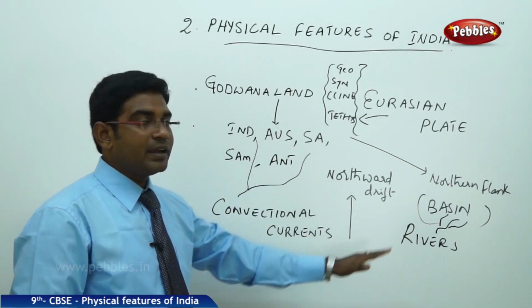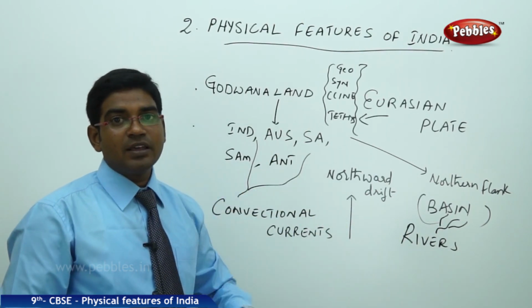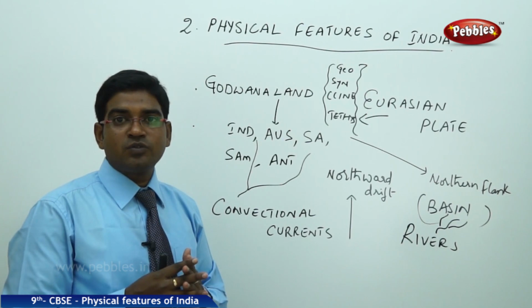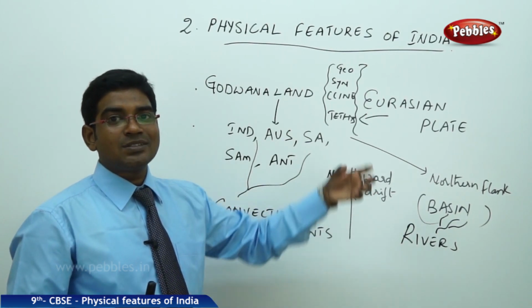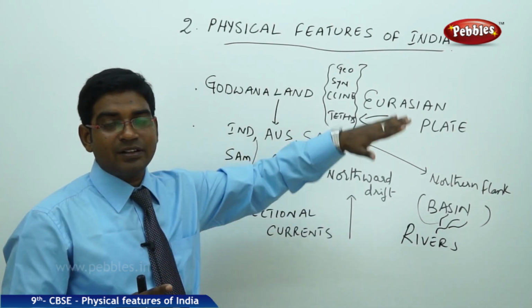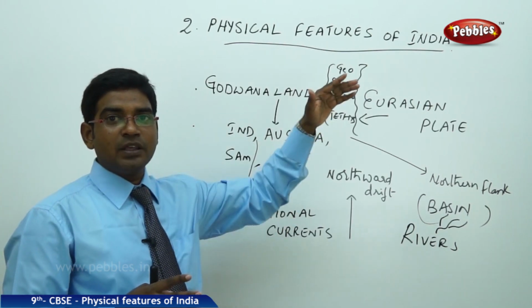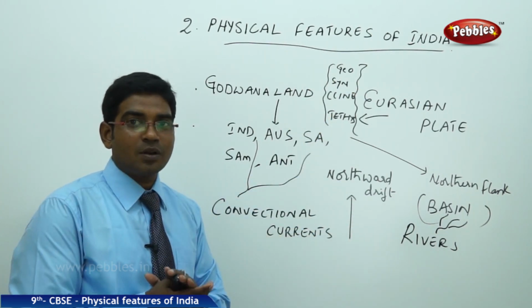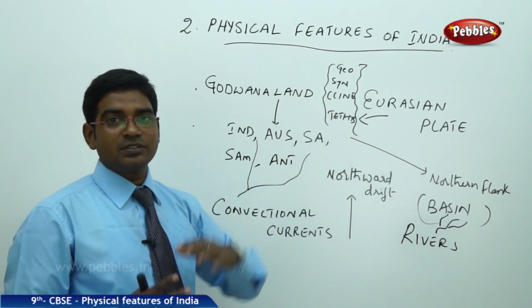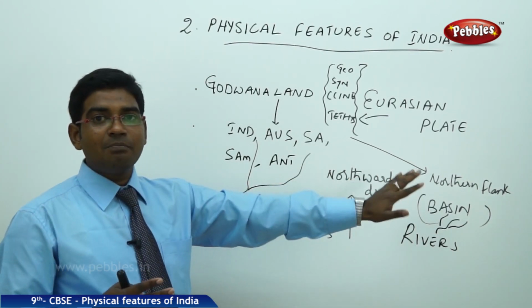This large basin was filled with the deposits brought by the rivers which originated from the Himalayan region, and it got filled with fertile soil eroded and brought by these rivers. That resulted in the formation of the northern plains.